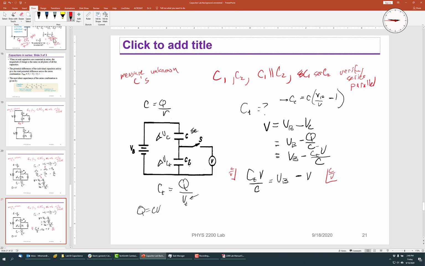And then when I do that, you see that'll cancel out the V over C. I'm left with CT equals C over V times VB minus V. And then I can distribute the 1 over V, so it equals C times VB over V minus 1.